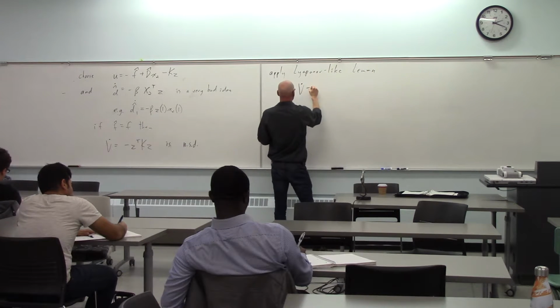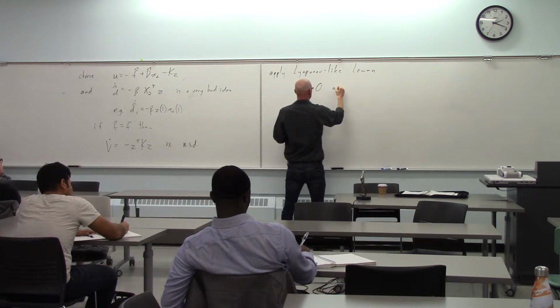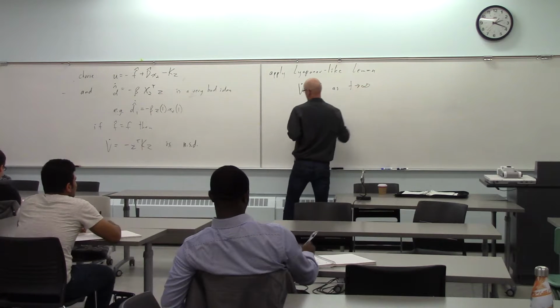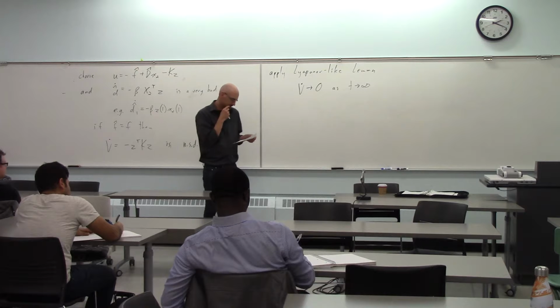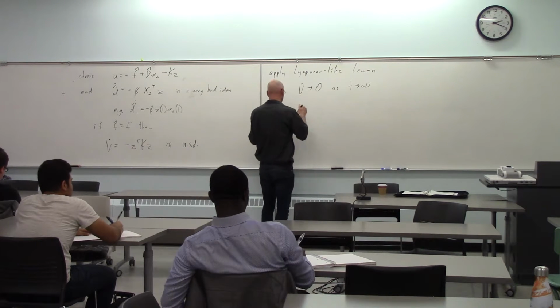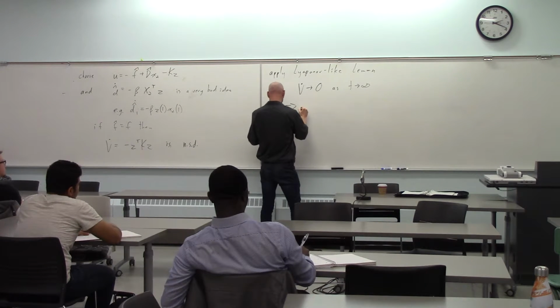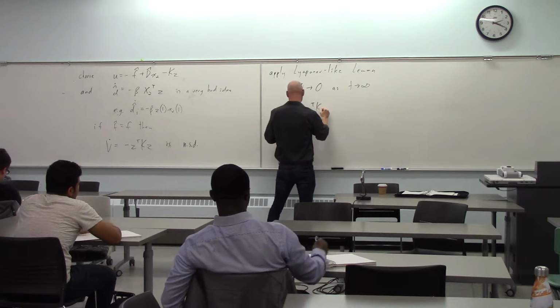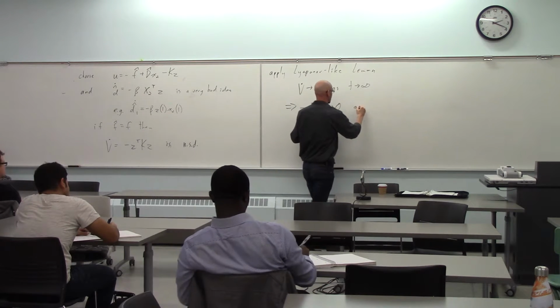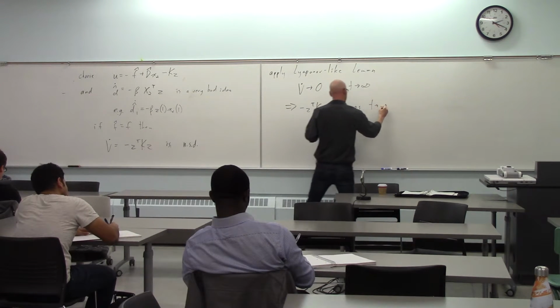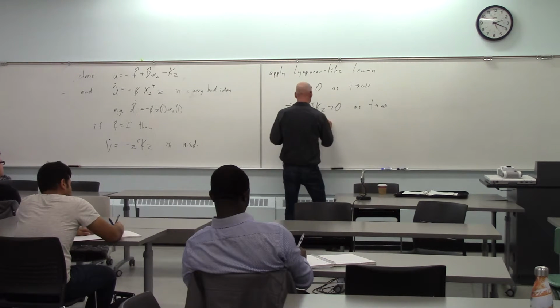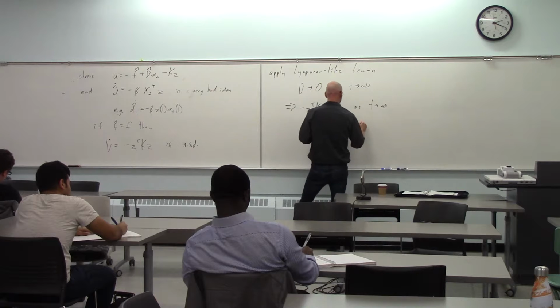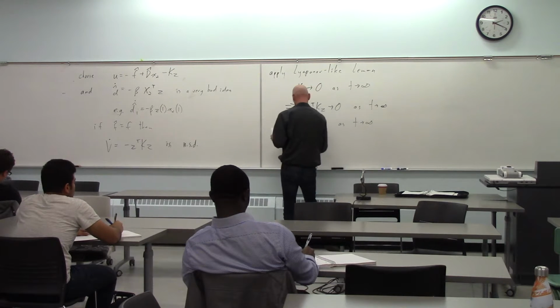The Lyapunov-LaSalle lemma says that V dot goes to 0 as t goes to infinity when I have a V dot that's negative semi-definite and continuous. So that will imply that negative z transpose K z goes to 0 as t goes to infinity. z goes to 0 as t goes to infinity.